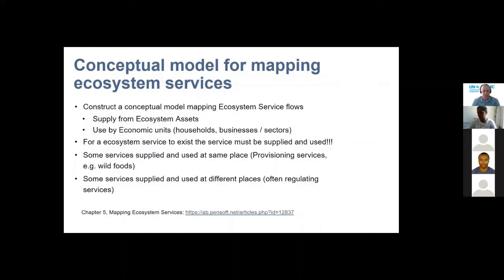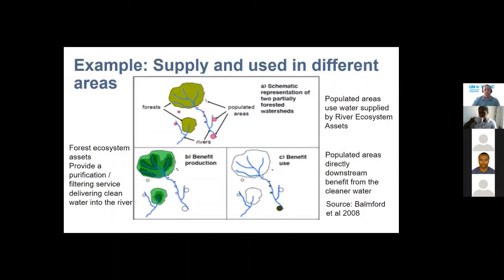And chapter 5 in this publication at the bottom sets out quite a nice framework talking about service providing units and service benefiting areas as well, which provides a little bit more information on that kind of thinking. But just looking at a simple example here of where services are supplied and used in different areas.